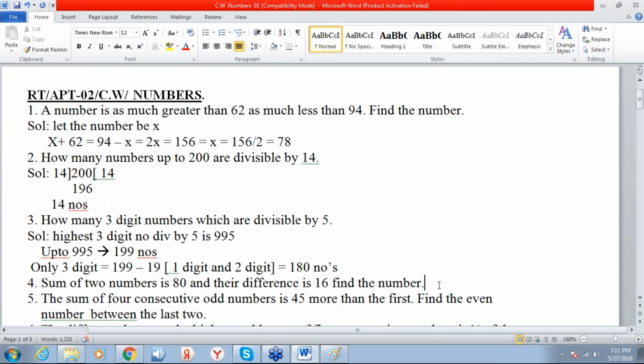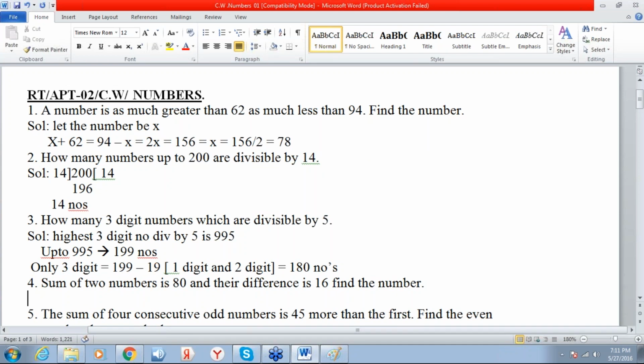Next, the sum of two numbers is 80 and the difference is 60. Let the numbers be x and y.